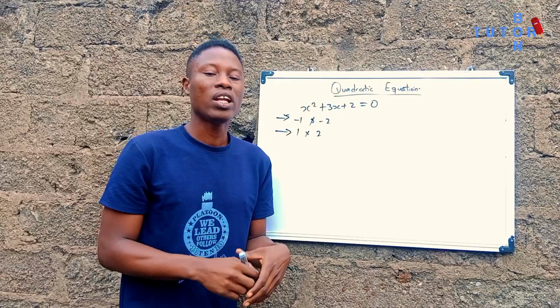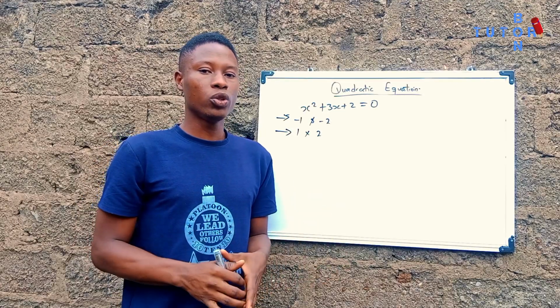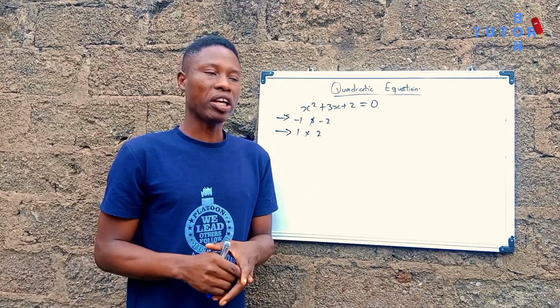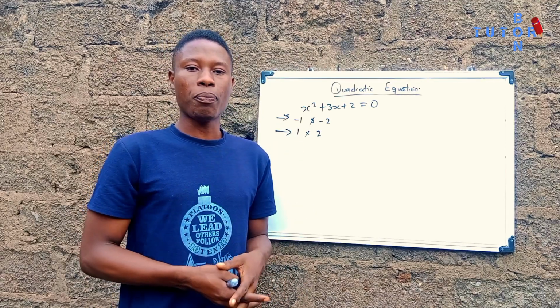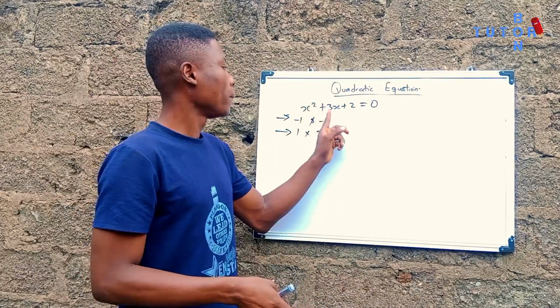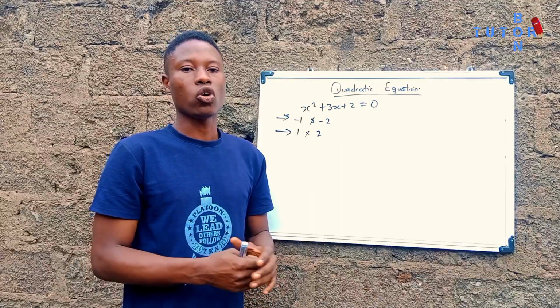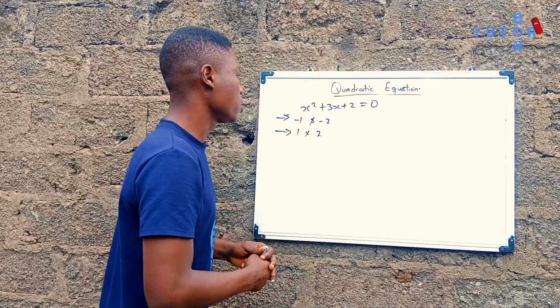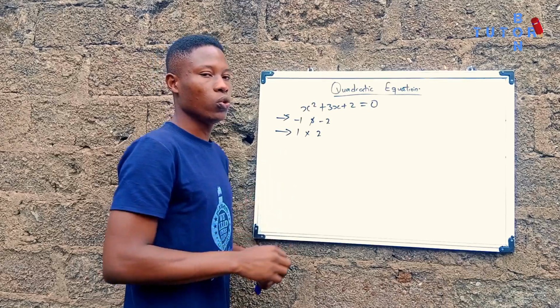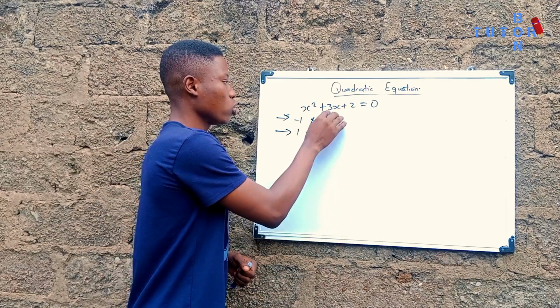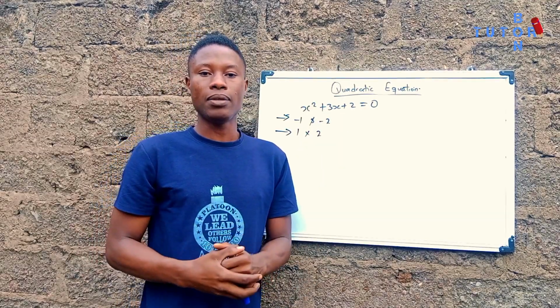And also, you now have to pick one of them. How will you know which one to pick? The one you pick, when you add them, must give you the value of the coefficient of x you have here. That is, if you want to pick any of these two, your answer must equal positive 3 when you add them together.